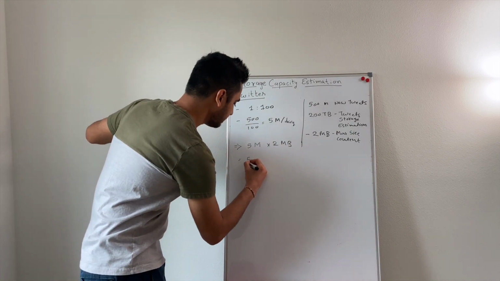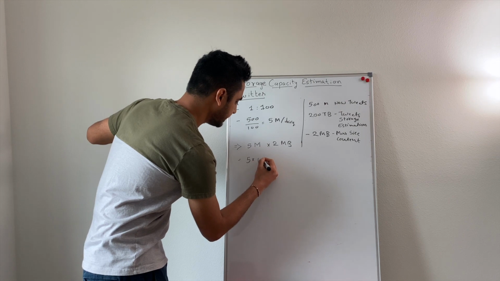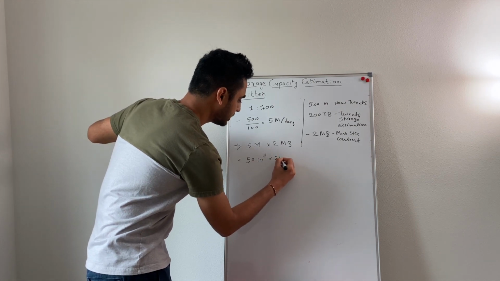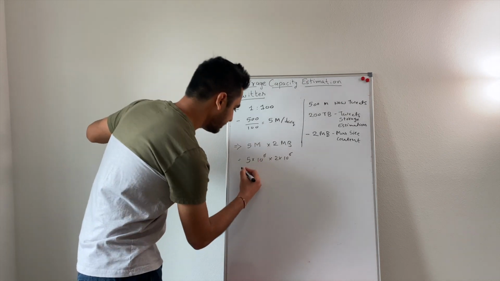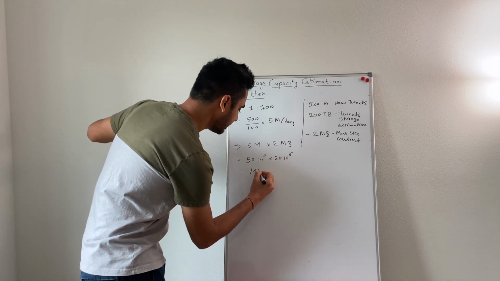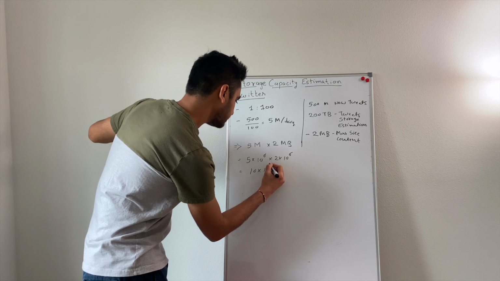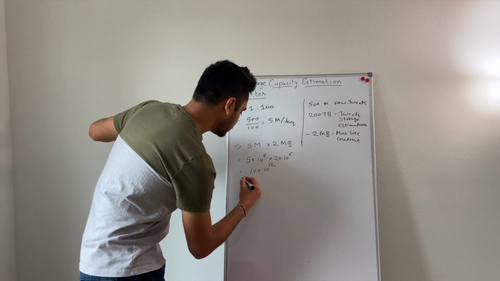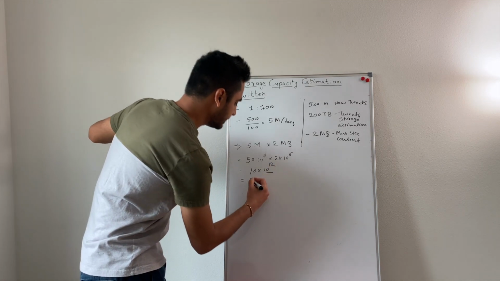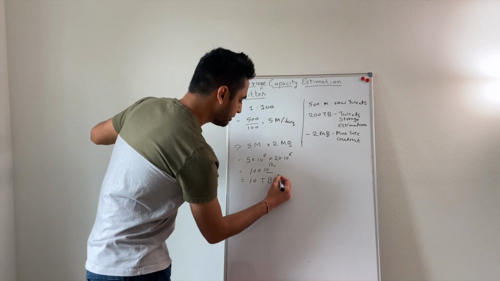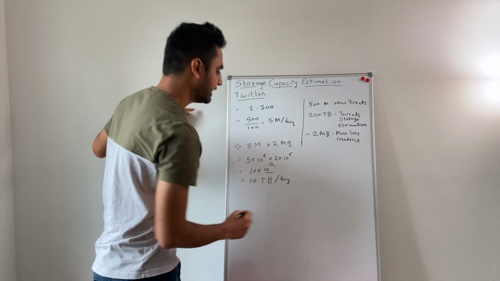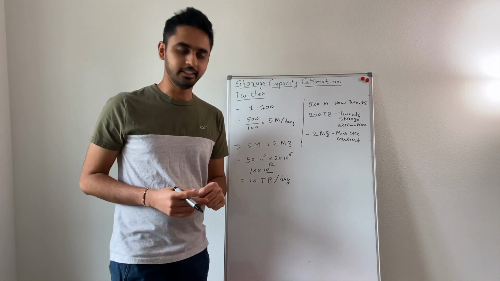It's very simple. 5 into million is 10 raised to 6, into 2 into megabyte is also 10 raised to 6, and 5 into 2 is 10, into 10 raised to 12. So 10 raised to 12 is TB. So we need an extra 10 terabyte per day for this media content.